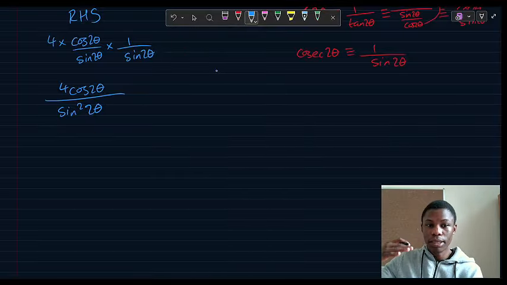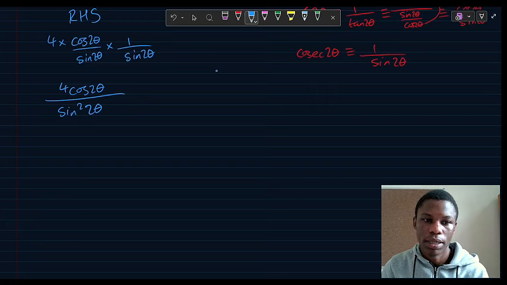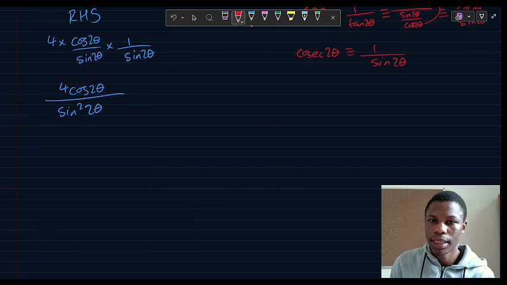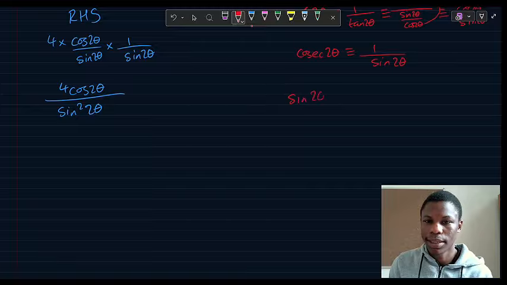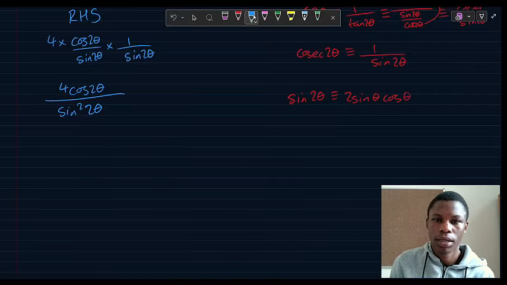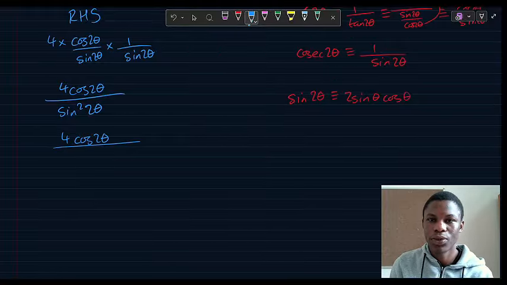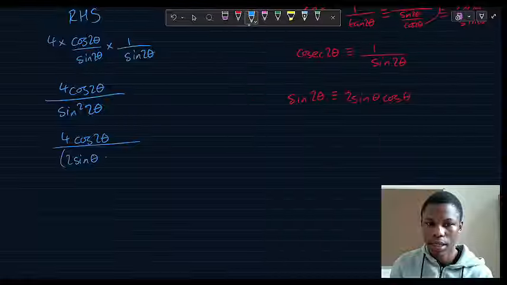Again, I'm just going to keep simplifying this to sine theta and cos theta, because that's usually easier to deal with. So we know that sine 2 theta is identical to 2 sine theta cos theta. And so what I have is that 4 cos 2 theta is over sine 2 theta squared. So I've got 2 sine theta cos theta, and this is all squared.